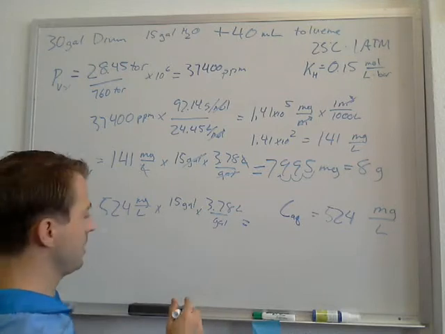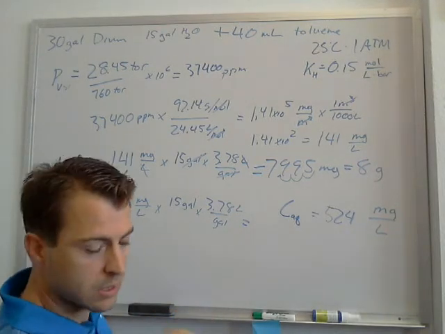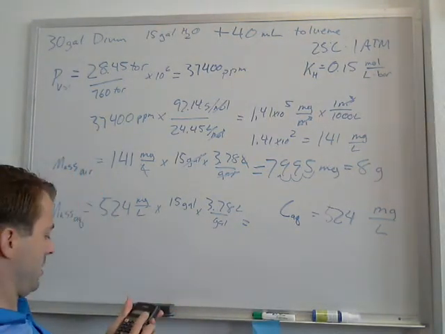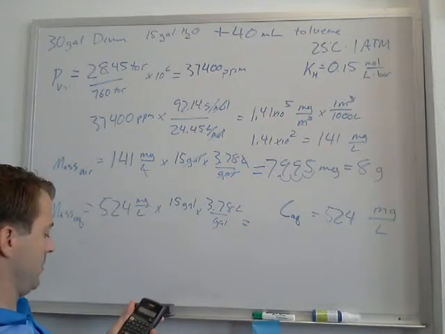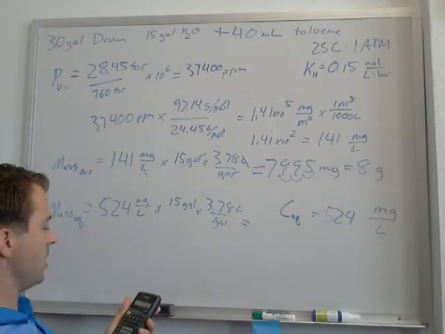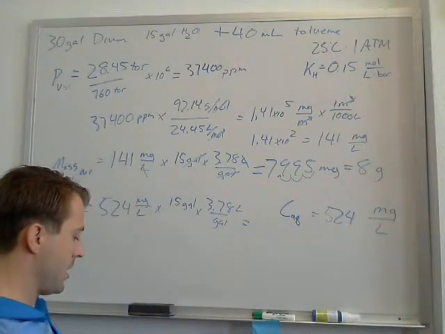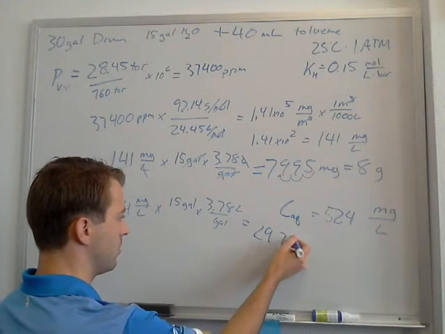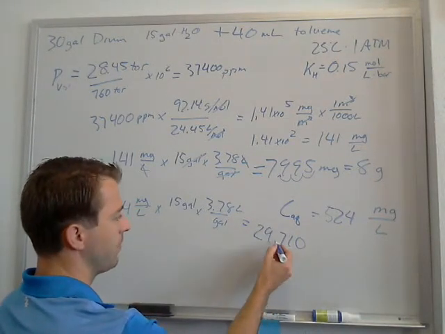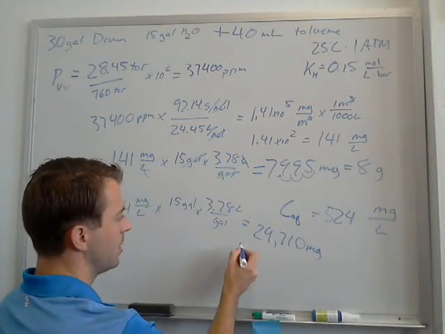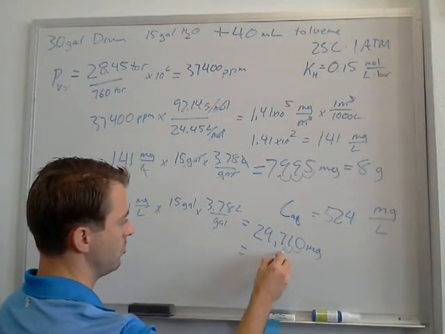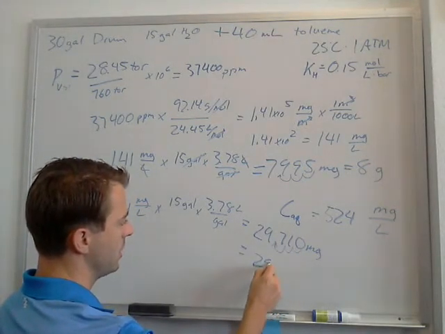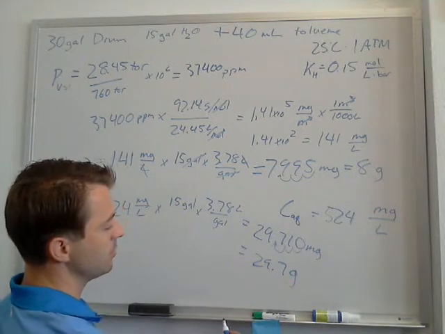And so this is going to equal something like 524 times 15 times 3.78, 29,710 milligrams, which of course is 29.7 grams.